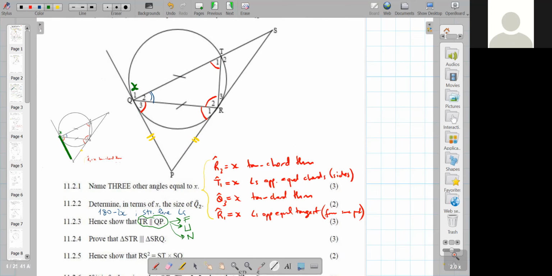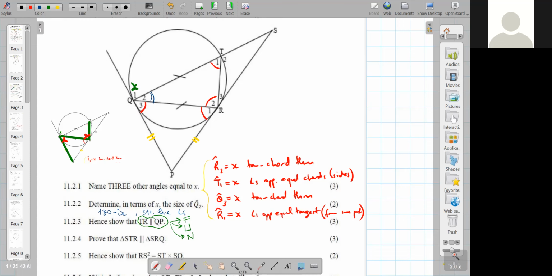There is this angle, it's that shape. So we showed that angles R2 and Q3 are equal. Those angles are equal. That's why it is that shape. That's alternate angles, so alternate angles equal.